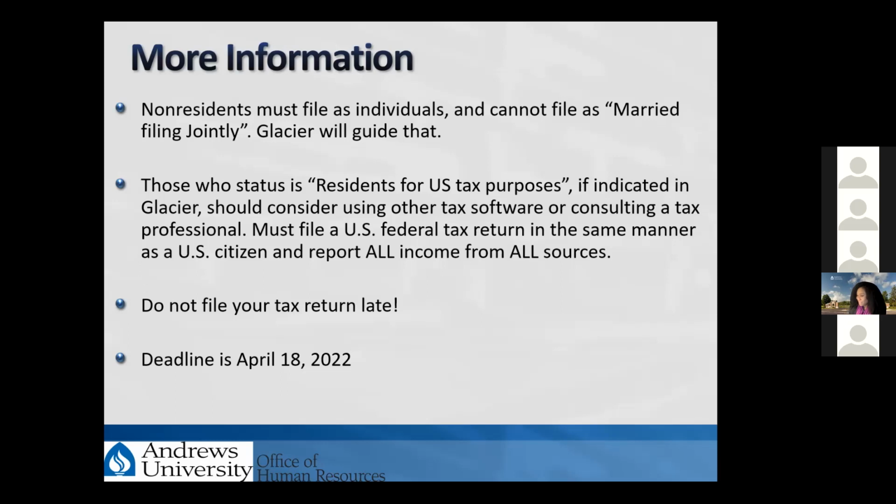Yes, I have it. And for the 1042-S, if you are eligible for it, once you enter your information in Glacier and move on to file your taxes, it will come up for you. It will be highlighted that you have a 1042-S. If it's not highlighted, it means you are not eligible for one.